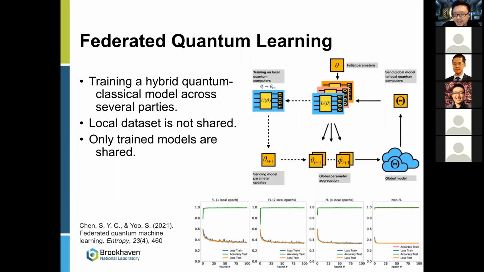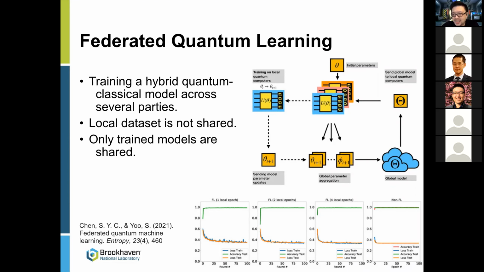Next, we want to talk about federated quantum learning. Actually, when training a machine learning model, we may have some privacy issues. The privacy issue is mainly that we don't want to share our data, but we don't have enough computing capabilities.